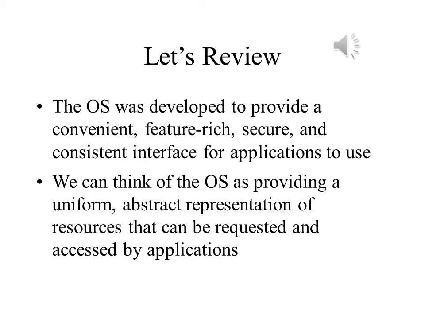Once the operating system has created these resource abstractions for applications to use, it must also manage their use. For example, an operating system may permit resource sharing and resource protection.